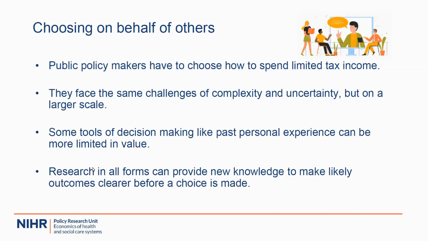Personal experience is also still valuable to them, but their lived experience isn't everybody's lived experience. It may not be representative. It may not be similar to many other people, which makes it hard to use that particular source of information, which we can use as individuals to try and make a decision on behalf of so many other people.